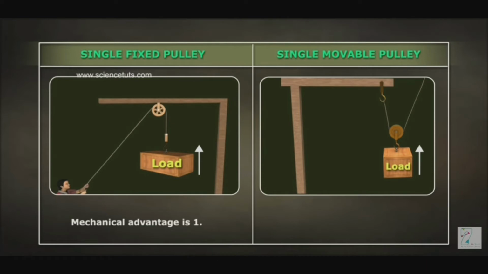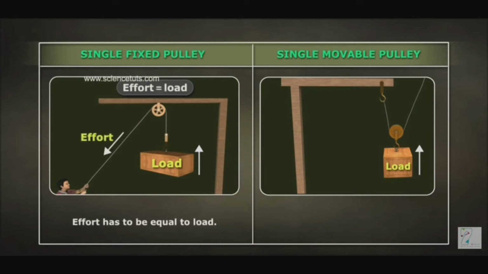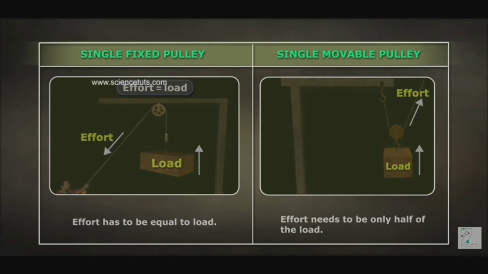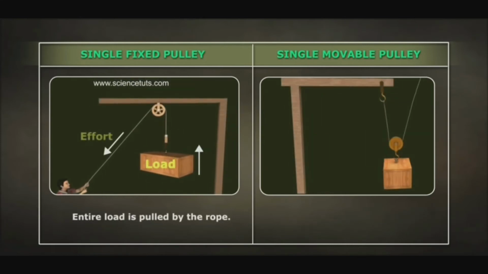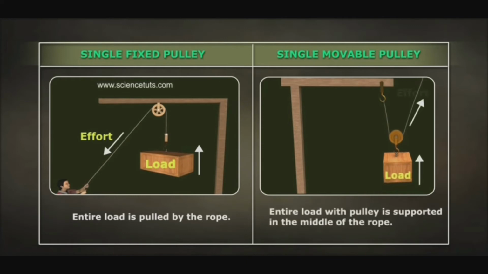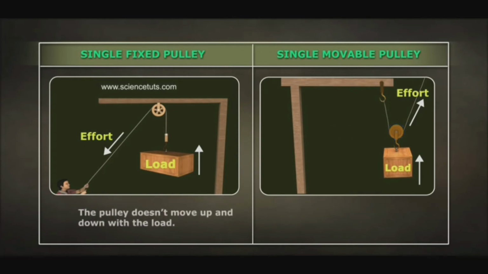The mechanical advantage is 1 in case of fixed pulley, whereas it is 2 in case of movable pulley. In a fixed pulley, effort has to be equal to the load, but in the movable pulley, effort needs to be only half of the load. The entire load is pulled by the rope in case of fixed pulley, but in this case, the entire load with the pulley is supported in the middle of the rope.